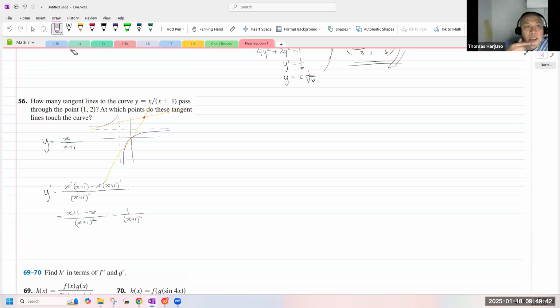What we can do is use that the line passes through (1, 2) with slope 1 over x plus 1 squared, where the x here is on the curve, for x, y on the curve.